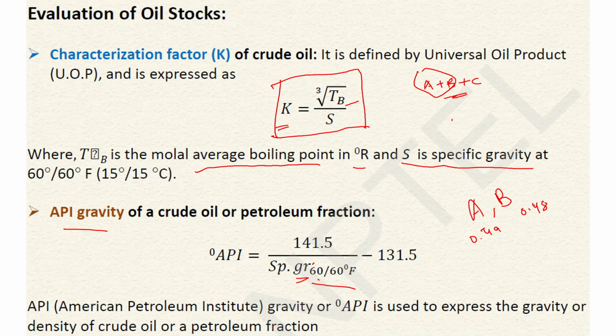But if we apply these specific gravities in the API gravity formula and calculate the API gravity, it shows a wider variation. It increases the scale, so it is easier to differentiate and determine the quality of the two different cuts of a crude oil.